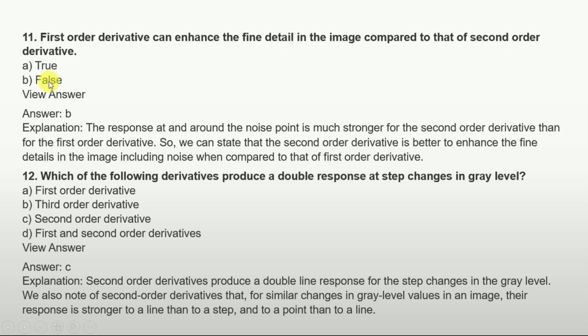So the answer is false. Next question is, which of the following derivatives produces a double response at step changes in gray level? First order derivative, third order derivative, second order derivative, and option D is first and second order derivative. So the answer is second order derivative. If we see the explanation, the second order derivative produces a double line response for the step change in the gray level.